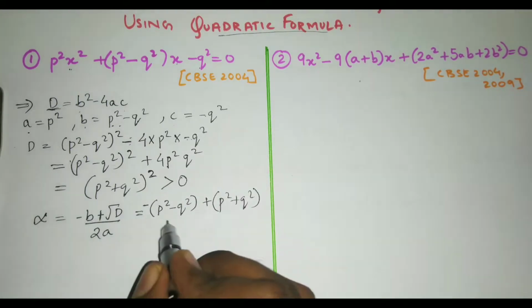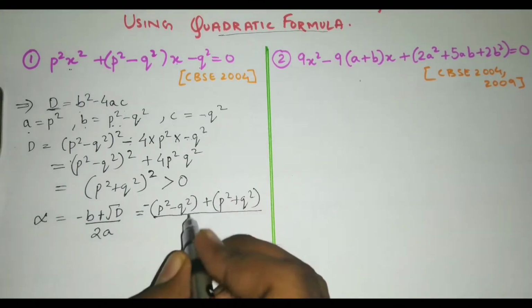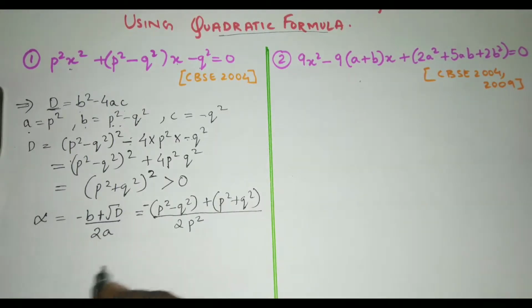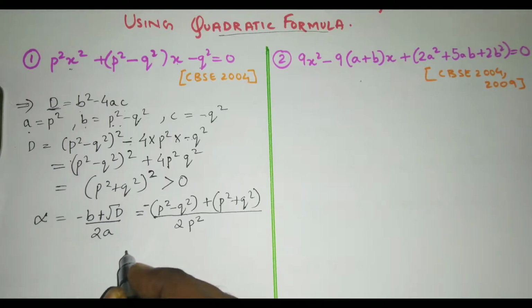Now divided by 2 into a, and 2a is nothing but 2p square. Now you have to simplify this.